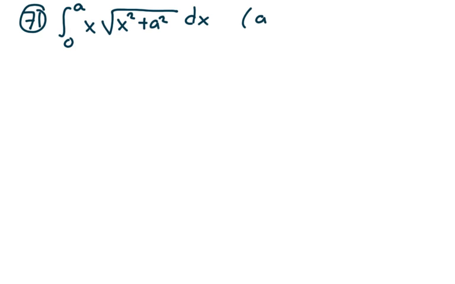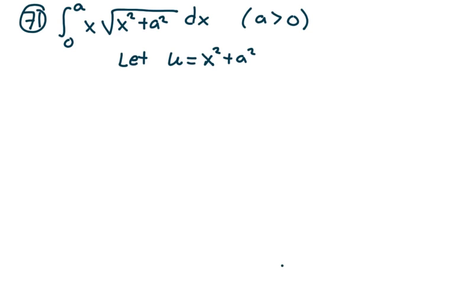Let's take a look at problem 71. Suppose we have the integral from 0 to a of x square root of x squared plus a squared dx. And there's a note here that a is greater than 0. So what we're going to do here is let u equal x squared plus a squared.